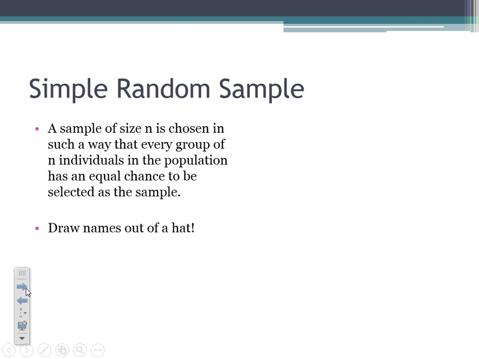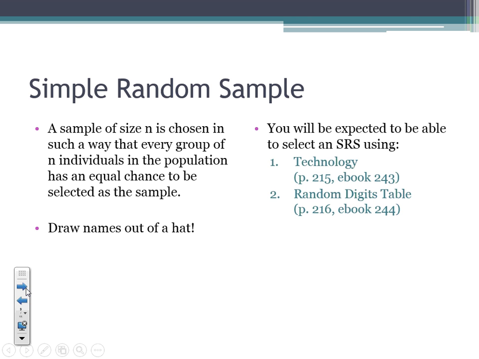In statistics, there's going to be two different ways that I will expect you to be able to complete an SRS. All right, now I'm going to encourage you to look in your textbook when this video is over on pages 215 and 216, or on the digital copy of your book, page 243 and 244. And I want you to look through how you can use technology and how you can use what's called a random digits table to collect your sample.